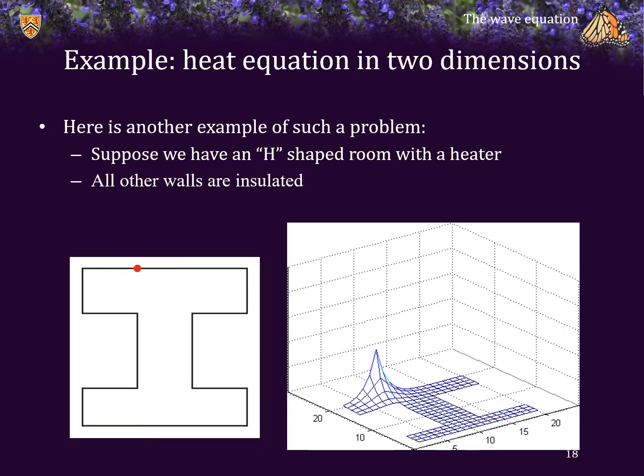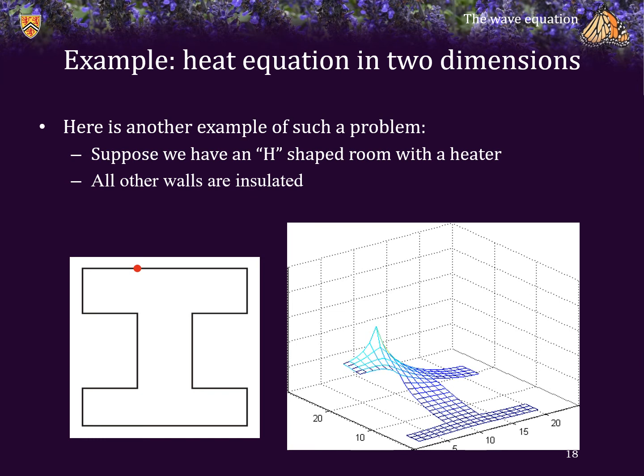So in this example, we have an H-shaped room which is assumed to initially be at temperature 0. We're assuming that all of the walls are insulated and someone then turns on the heater at the location indicated at the red dot. Well, over time you do expect that heater to heat up the entire room. However, you also expect it to heat up the hallway closest to the heater much more quickly.